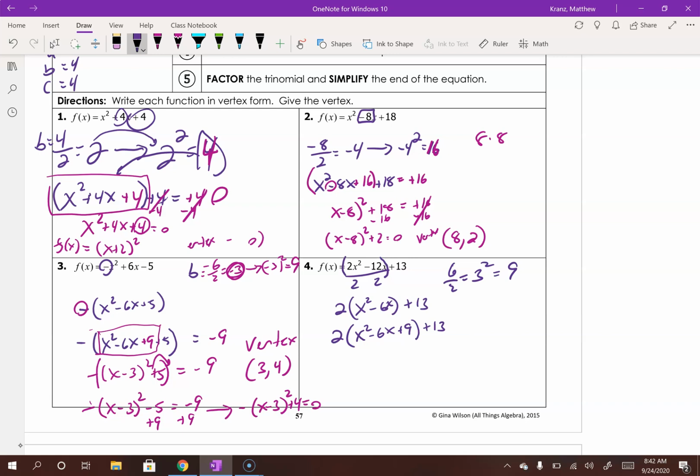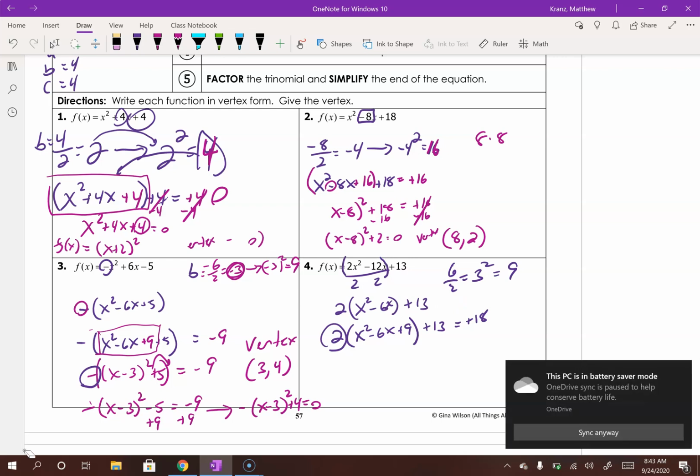Now, the thing that we have to remember, okay, is I can't add 9 on this side again, because where is the 9 that I put in? The 9 I put in is inside. And in order to move outside, I kind of have to do whatever is going on right here. So like this one was change the sign. This one, to move it outside, okay, I would have to multiply it by 2, giving it 18. So really, this is just going to be a positive 18. All right, because that is how it looks when it's outside its parentheses.